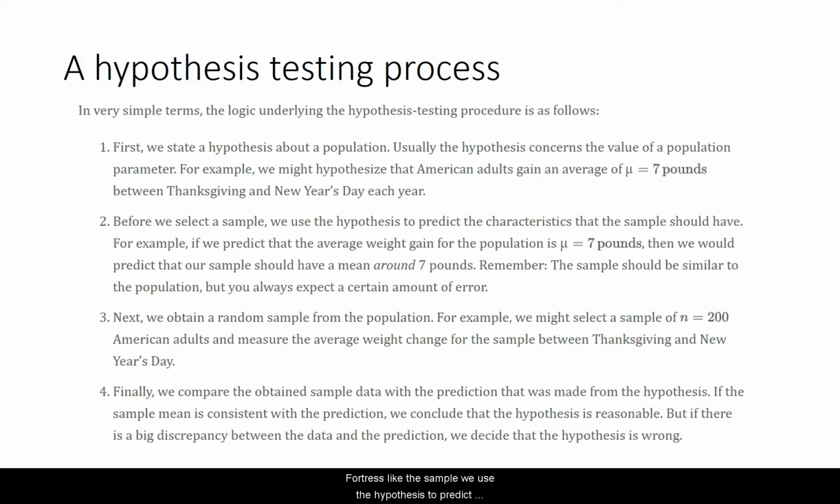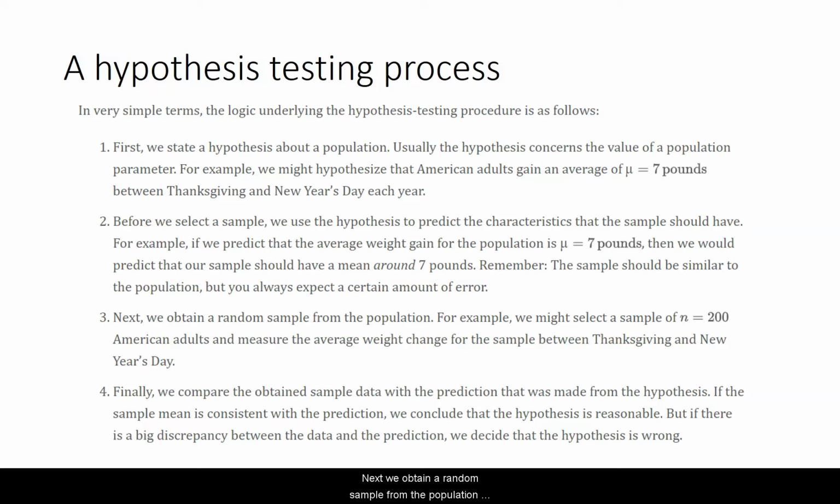Before we select a sample, we use the hypothesis to predict the characteristics that the sample should have. For example, if we predict that the average weight gain for the population is 7 pounds, then we would expect or predict that our sample should have a mean around 7 pounds of weight gain. Remember, the sample should be similar to the population, but you do expect some amount of error.